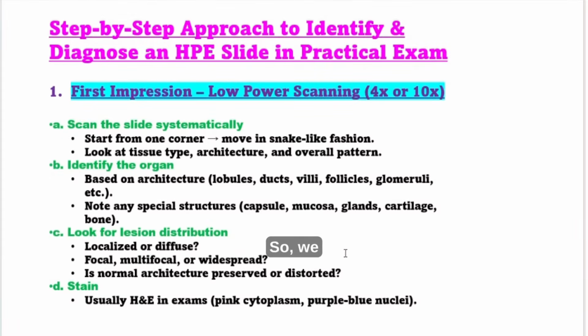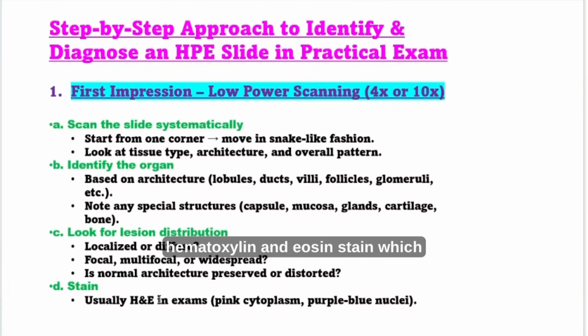So we have seen the slide thoroughly in scanner view and identified the organ and the lesion. Usually we use hematoxylin and eosin stain, which gives the cytoplasm a pink color and the nuclei a purple-blue color.